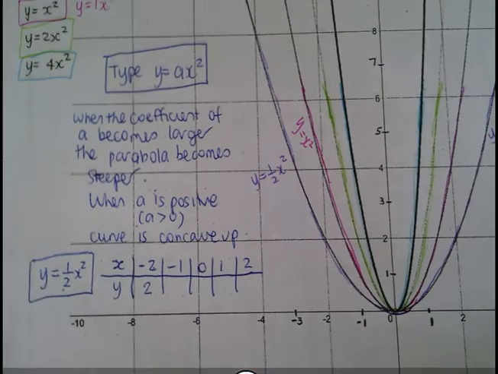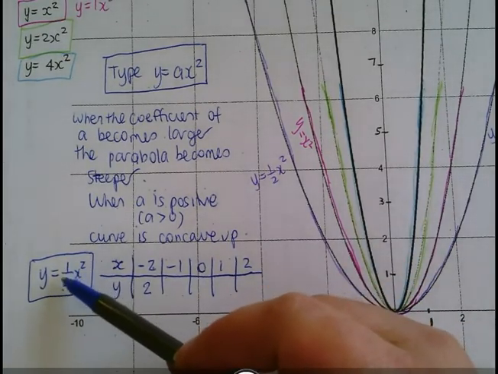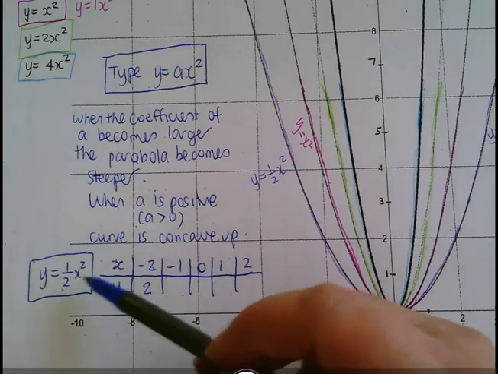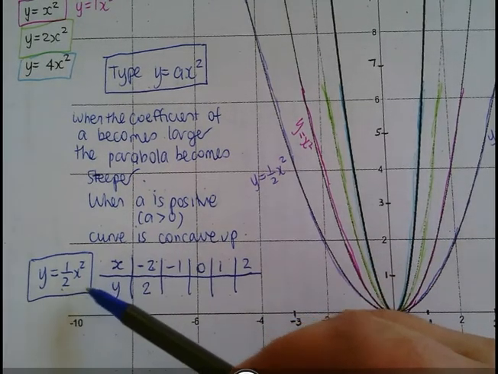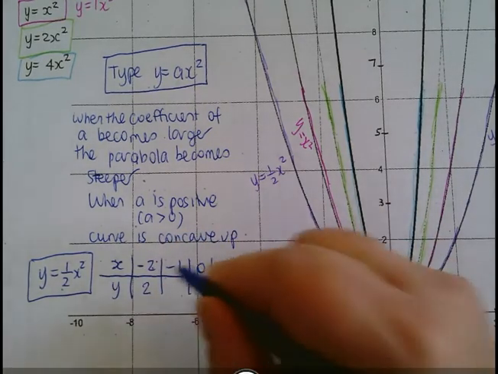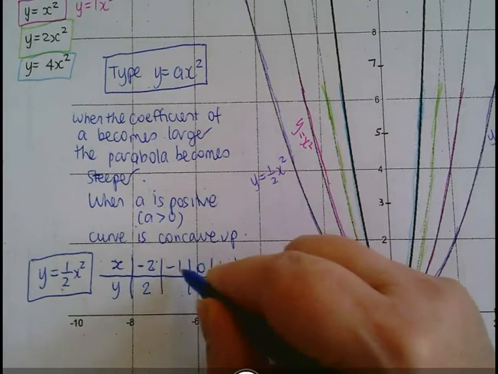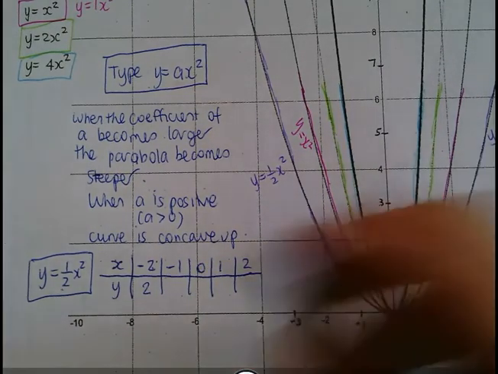Can you go to your calculator and do that? So on your calculator, just go half, bracket, -2, close bracket, squared. Tell me what you get. 2. Okay, and then do -1 in brackets, squared, you get a half.